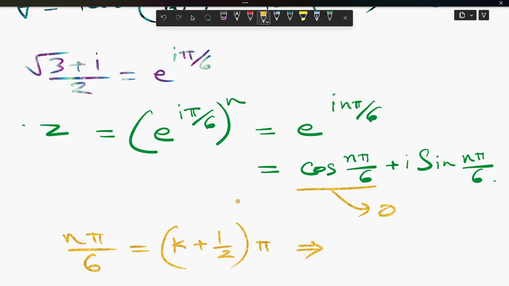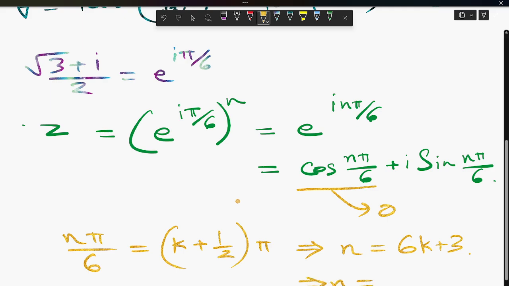Then pi cancels out because it is a non-zero number. So n equals 6k plus 3. That means n is congruent to 3 mod 6. So this is the correct answer of this question.